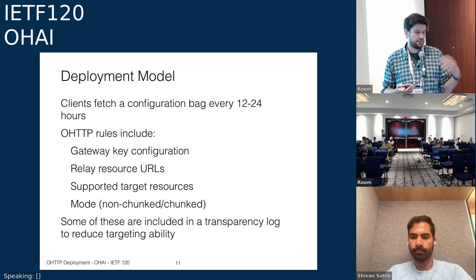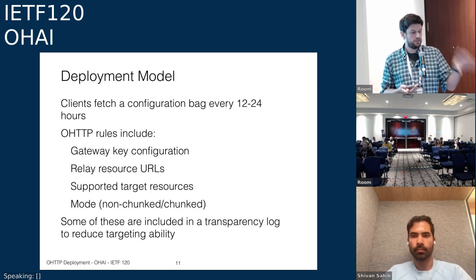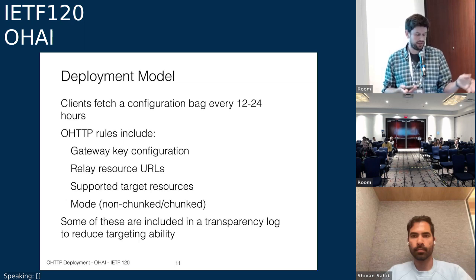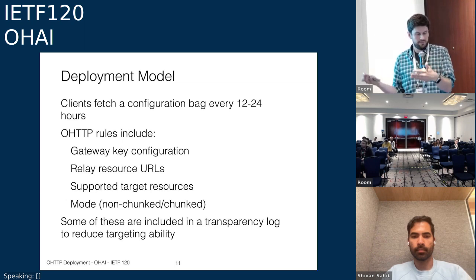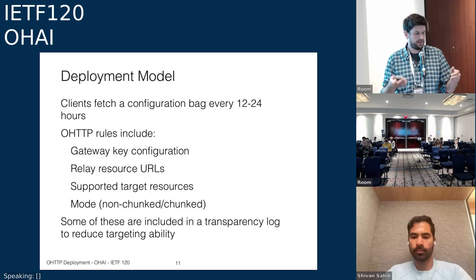And this bag includes the different OHTTP configs, and each of those has the gateway key configuration, and that's the thing that is in the normal OHTTP draft or the RFC. It also then says, here's the relay that you need to go through and the path on the relay for the relay resource. It indicates what are the supported targets that I can get to behind this gateway so I can know how to route them.